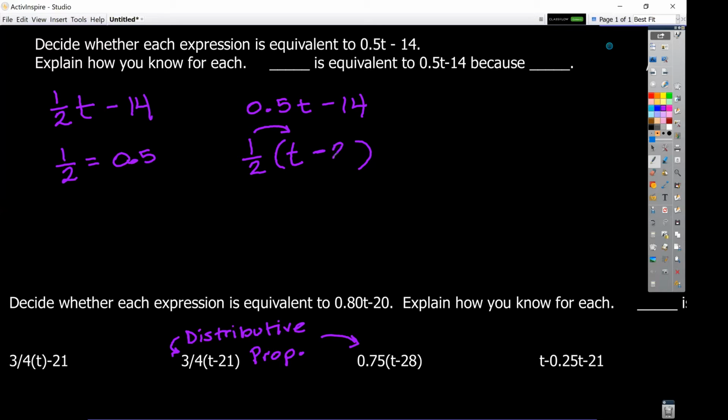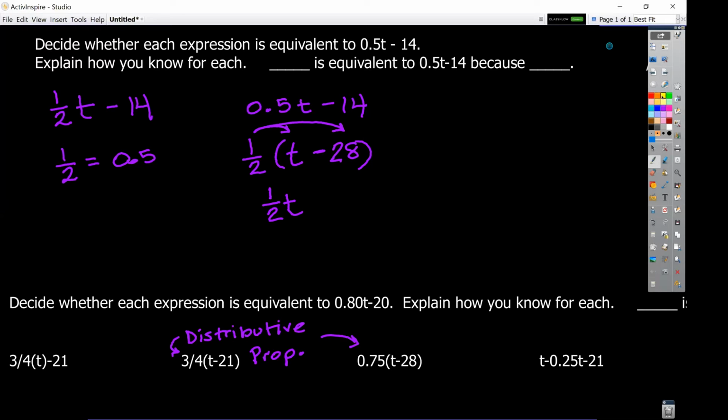Well, I know that half of 28 equals 14. So when you guys distribute the half, in other words, you would do a half times negative 28, you get negative 14. So if we distribute, you get a half times t, and then I'll write it off to the side here in a different color.